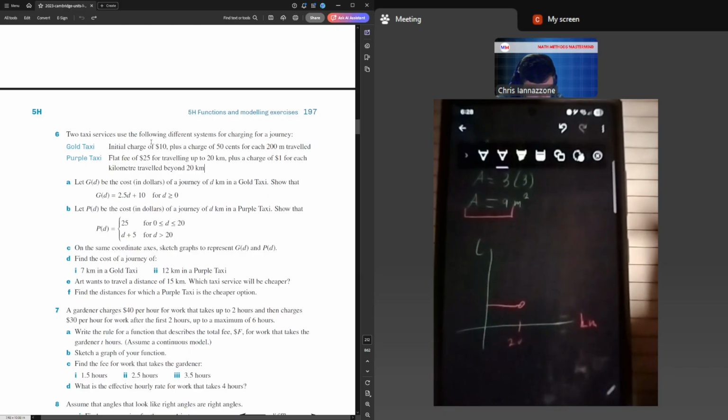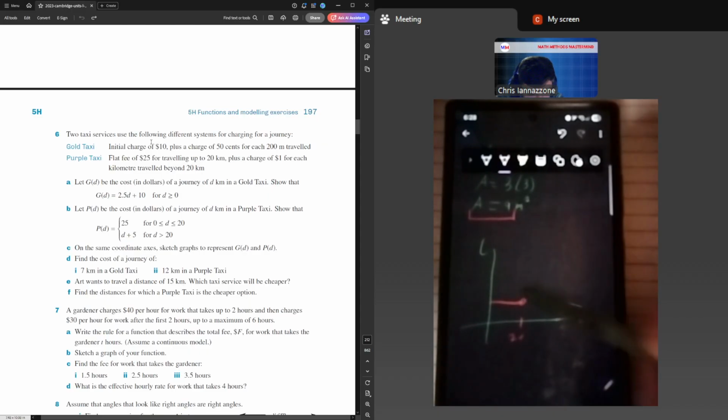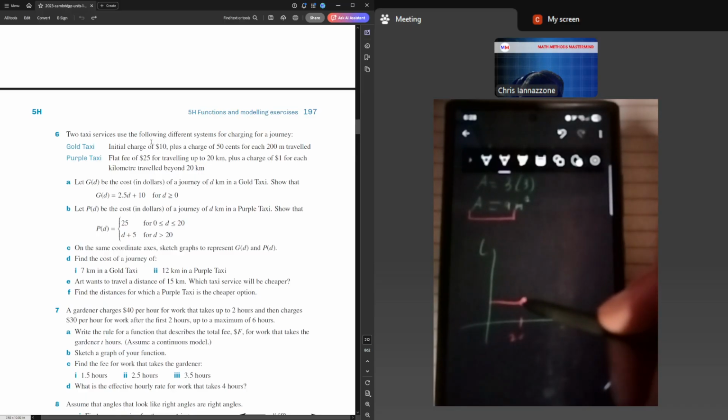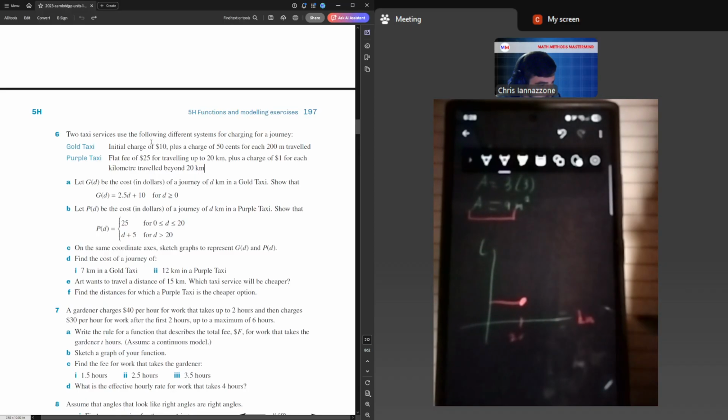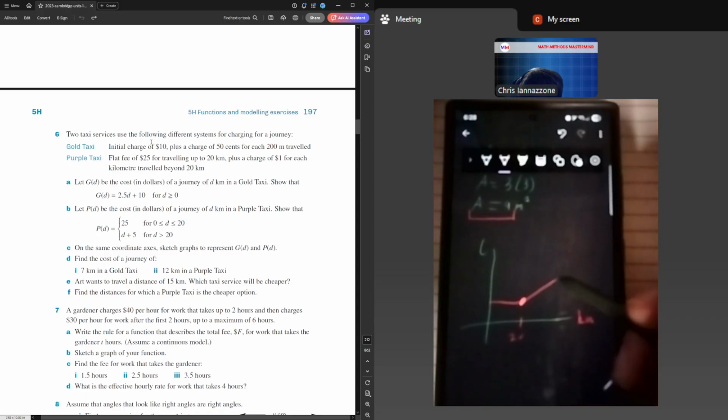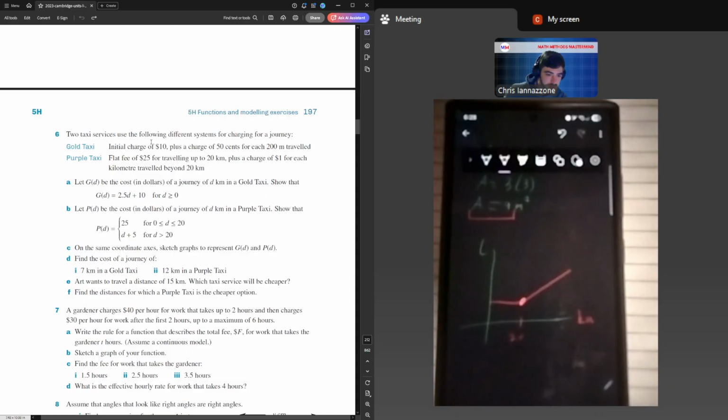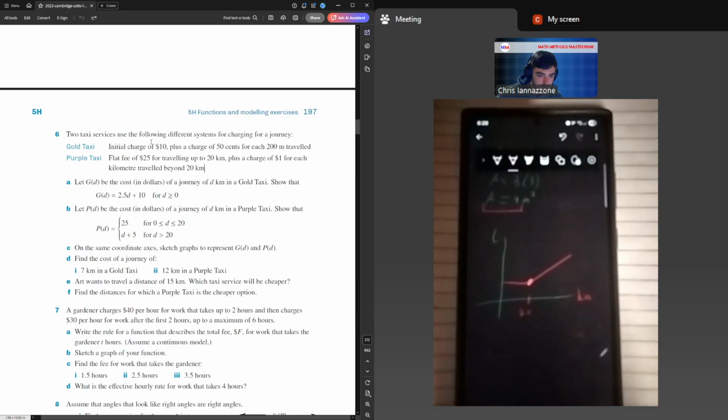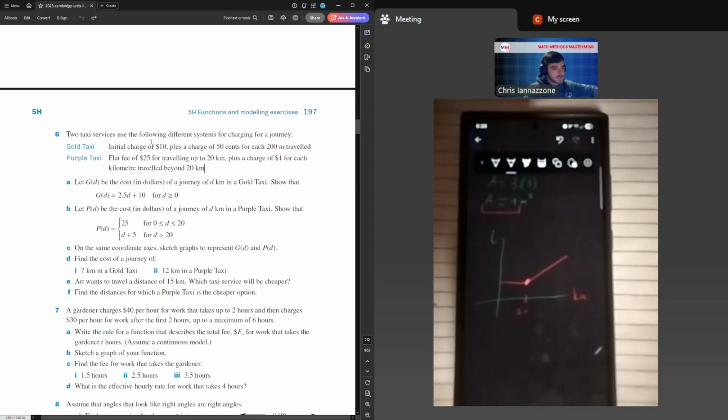That's supposed to be perfectly horizontal with a full circle, yeah. And then a dollar charge for every kilometer after that basically means you have a line with a gradient of 1 for everything afterwards. So that will be described by a piecewise, which they actually give you the framework for, oddly enough, in question 6.